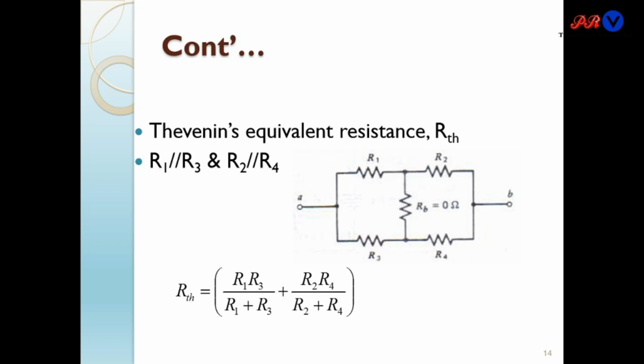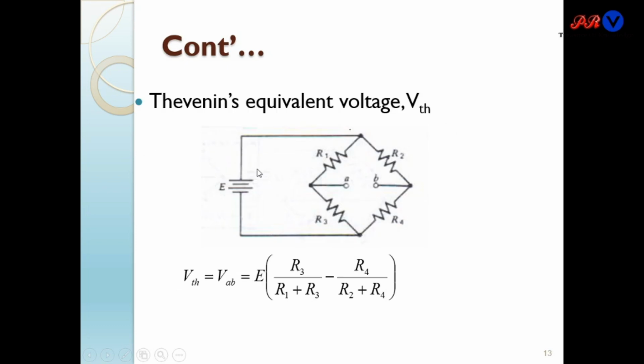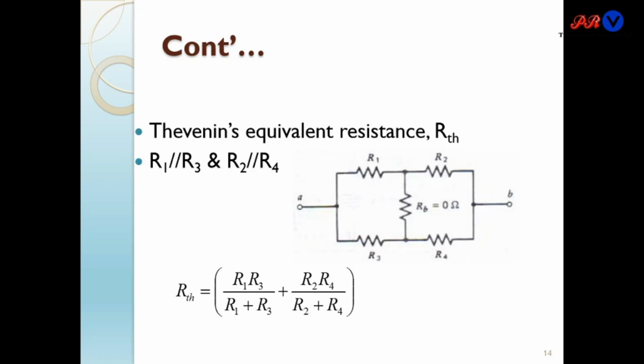For calculation of Thevenin's equivalent resistance R Thevenin, we will short this voltage source, meaning the resistance of this voltage source becomes now 0, and we will find the Thevenin equivalent resistance between the terminals A and B. So this is that voltage source which is shorted with resistance 0 ohm, and hence we have R1 and R3 in parallel with R2 and R4.